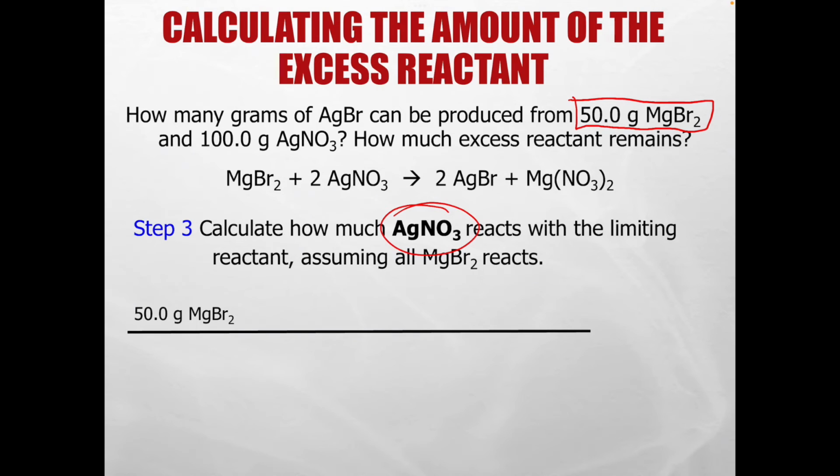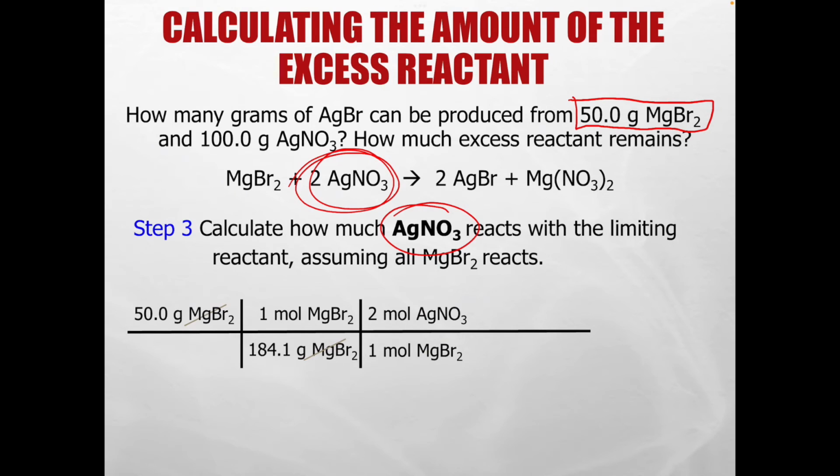We start with our 50 grams of magnesium bromide, and we turn grams into moles using the molar mass, just like we've done before. But now, instead of figuring out how much product, we are figuring out how much of our excess reagent we need to react with our limiting reagent. For every 1 mole of magnesium bromide, we are using up 2 moles of silver nitrate.